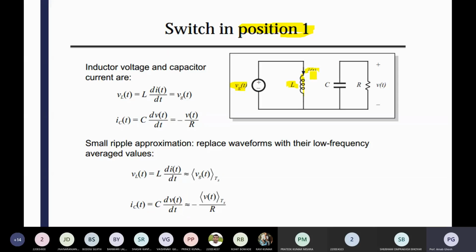IT is your current, the input current coming from Vg to L. Here you know that in the case of an inductor, the inductor current is your state variable.